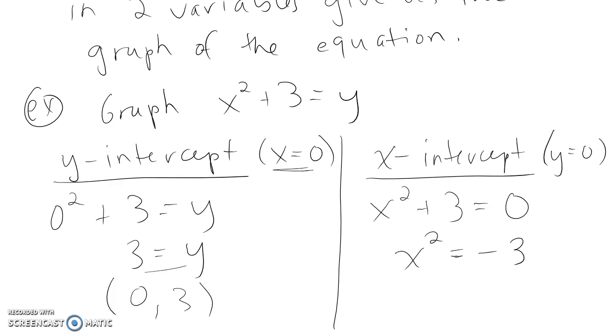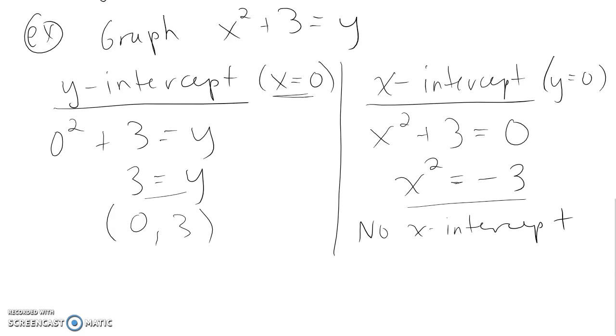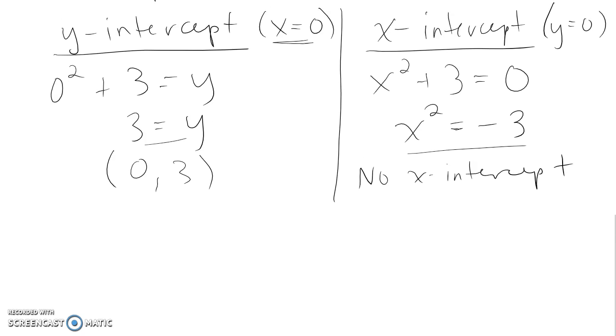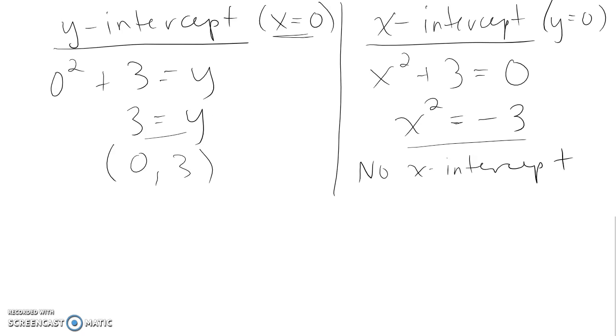If I look at this equation, there is no value of x that once I square it gives me a negative. So what this means is that there is no x-intercept. No solution to this equation where y is equal to 0 means no x-intercept. So our graph is not going to cross the x-axis. It does cross the y, it does not cross the x.